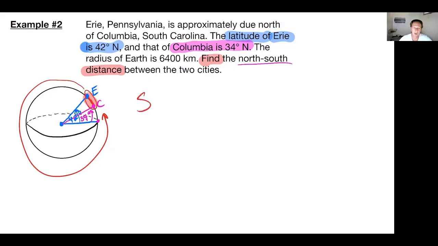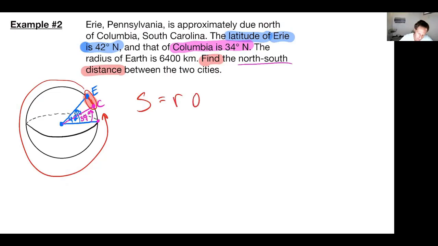So this is a long, drawn-out way of asking you to find the arc length. That's what's kind of weird about being on Earth, is we live on a sphere, we live on a circle. So when we say a straight line, it's actually curved. But because of the size of the Earth, it feels like it's straight and not on a sphere or a ball.